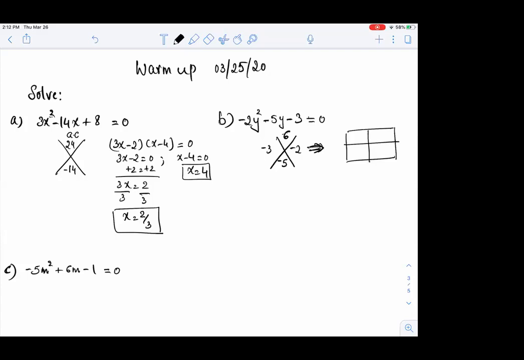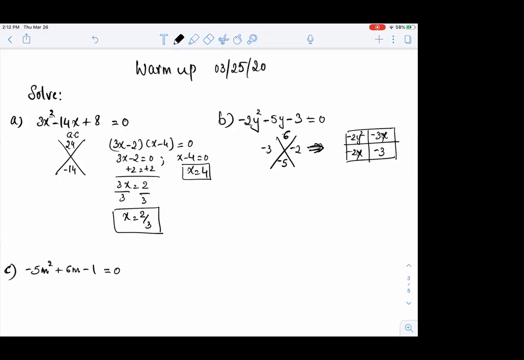How about the rest of you guys? Are you guys getting this? Yeah. Negative 2y squared, and then negative 3, and then negative 3y and then negative 2y. Okay.